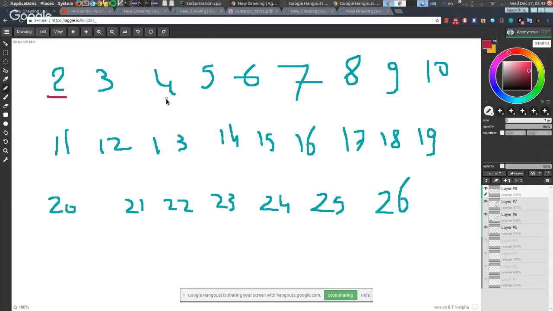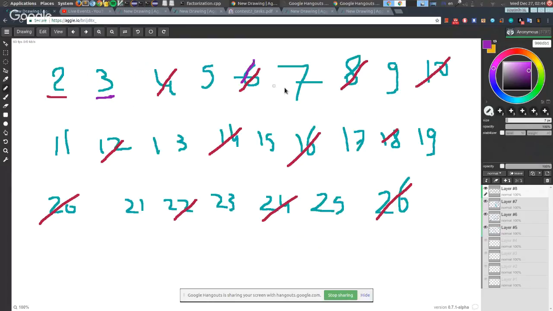So they will be marked as not prime. So here we go, 4, 6. All of these will be unmarked because they're all multiples of 2. So they're not prime.